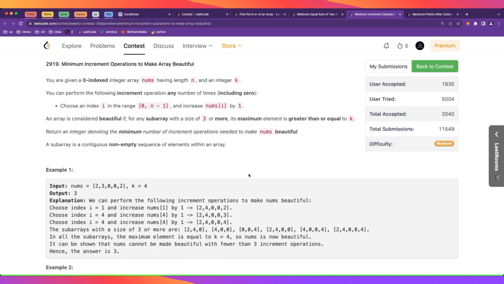So we only care about the subarrays that are within a streak or a group of elements that are not greater than or equal to k. But then we have this thing that is not easy to decide which ones.